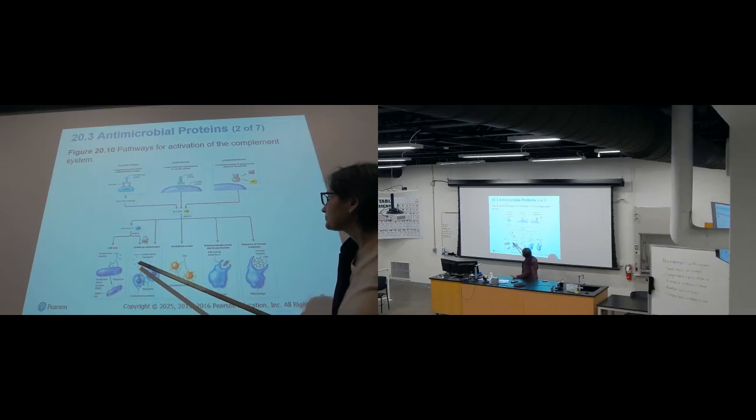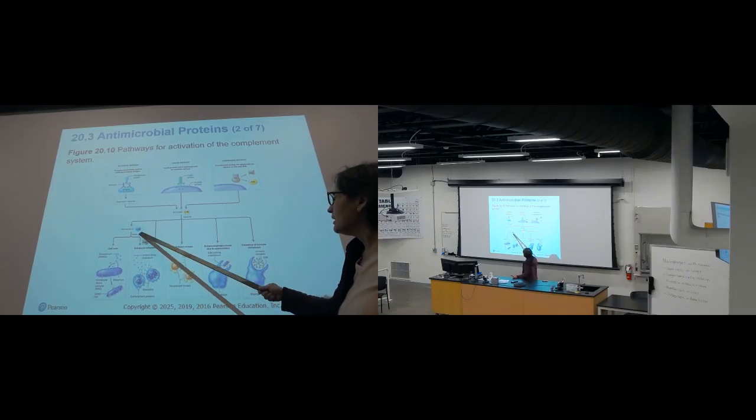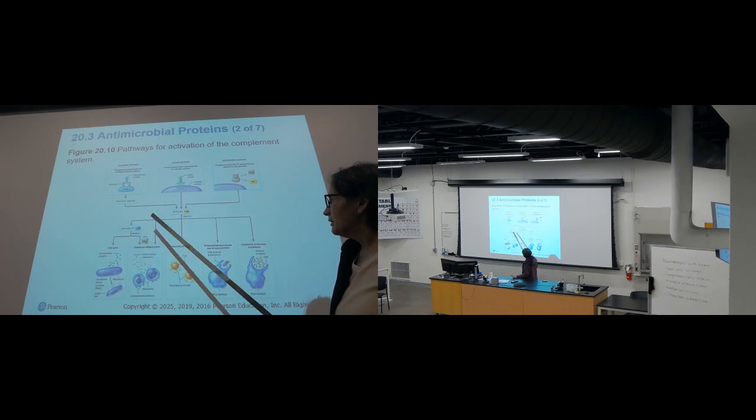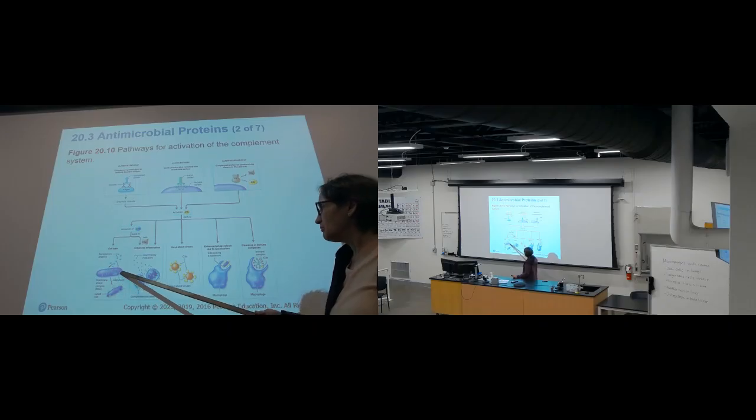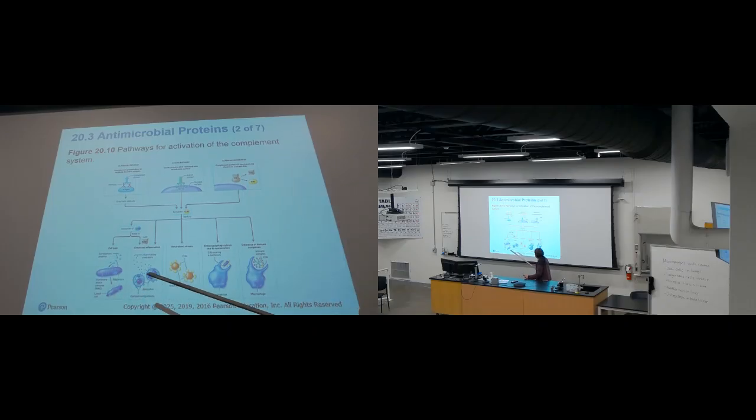And then when you activate C5, you will form cell lysis with the MAC, membrane attack complex. So that is going to make a pore within bacteria, and then this bacteria will be lysed. Or you can basically activate the inflammatory process by releasing some of these molecules.